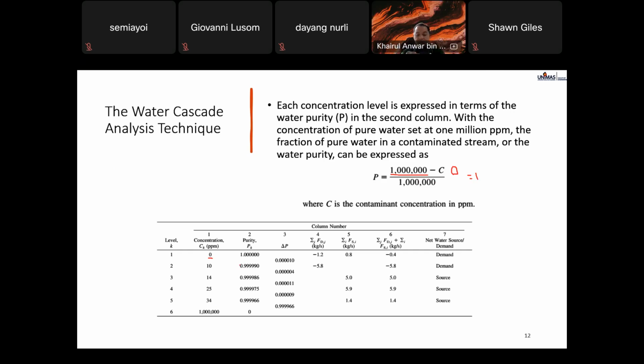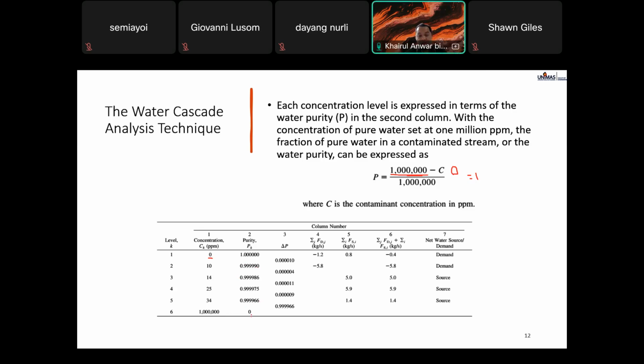Bring your calculator, turn it on, and see. 1 million minus 456, divided by 1 million, is 0.999, and you do it so on.